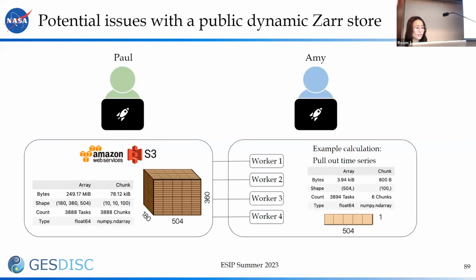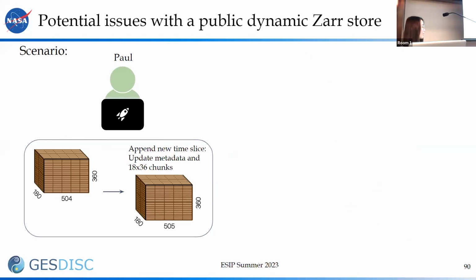Amy, our data user, again wants to do some kind of calculation with Paul's Zarr store in the cloud, like pull out a time series, for example. And she has a few independent workers that access different chunks at different times. So that looks all simple and good, but this is a dynamic Zarr store.